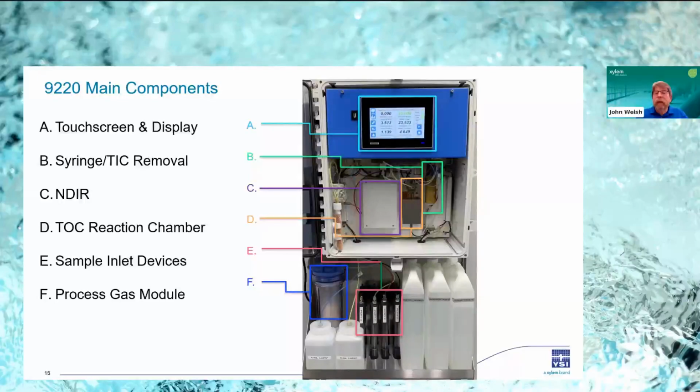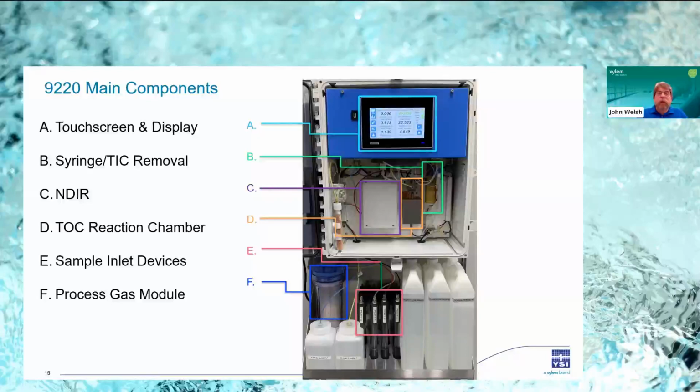All the organic compounds in the sample are then converted to CO2. That CO2 is then vented out of the reaction chamber and into the NDIR. This instrument uses a non-dispersive infrared detector that's behind this box that you can't really see.